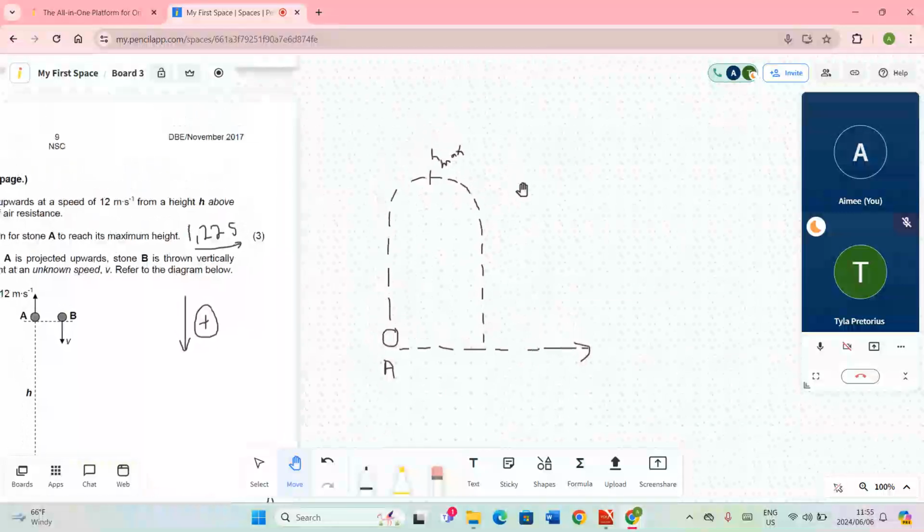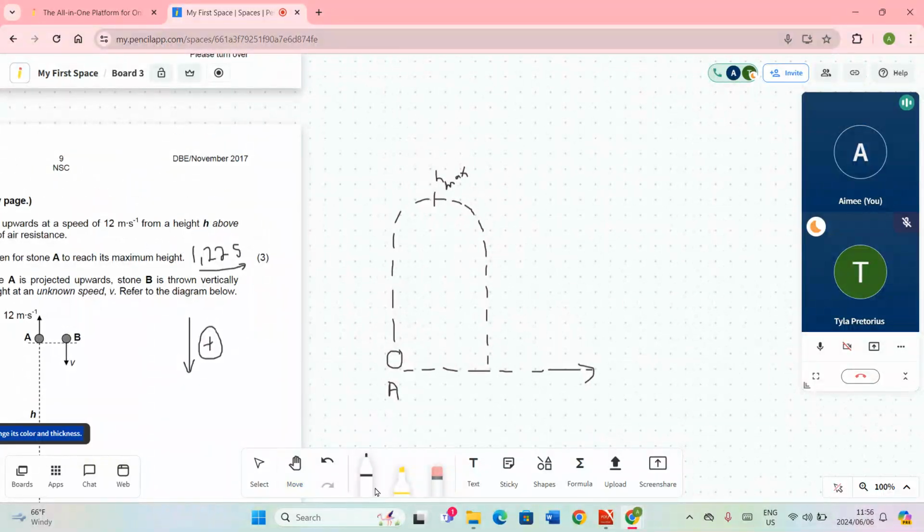Okay? So something that's important to know is that the motion of a ball that's been projected up into the atmosphere is symmetrical. Okay? So what it looks like on this side will be identical to what it looks like on this side. Except the only difference is that on this side, we start with a V max.